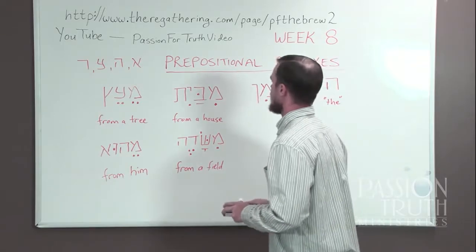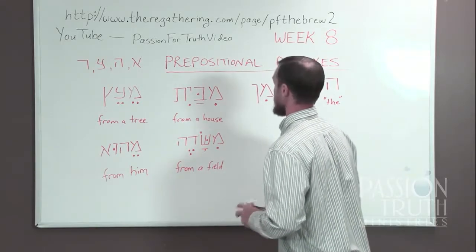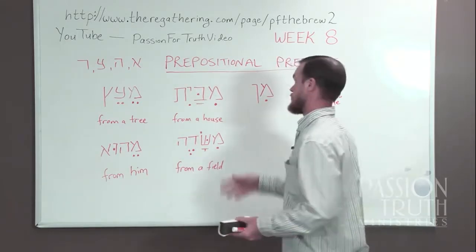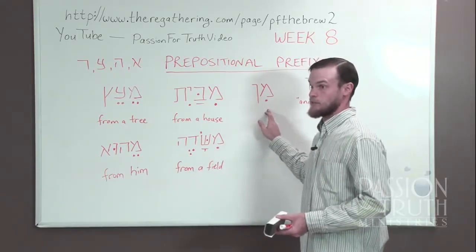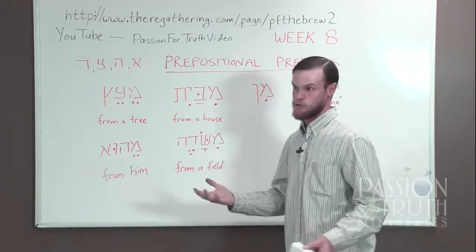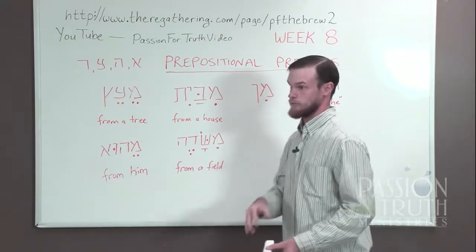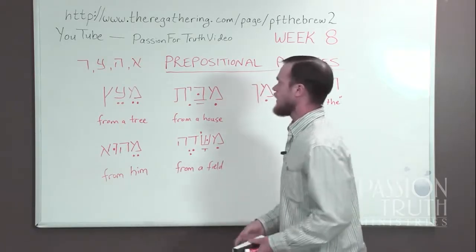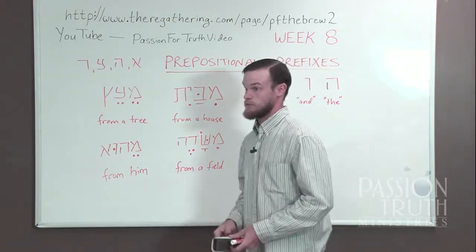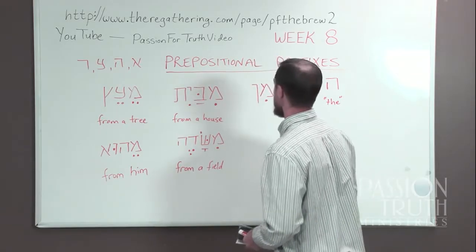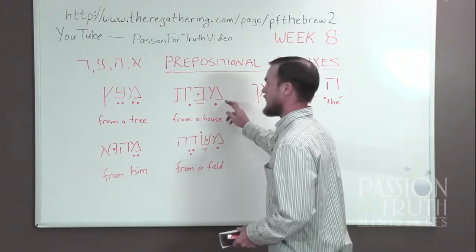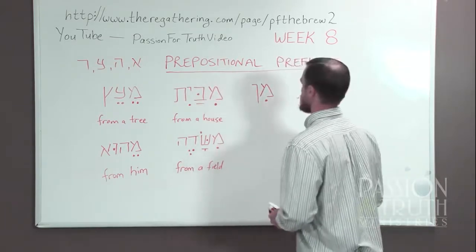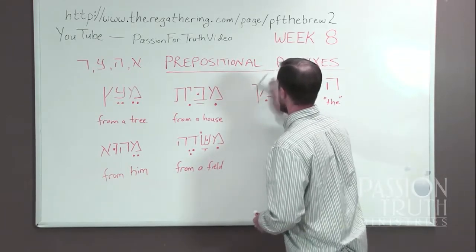One option, of course, is when you do have a separate preposition that means the exact same thing, you could just separate out all the prepositions and state each one individually, or have a separate preposition followed by a prefix. But you can, in fact, combine the prefixes. So in the case of the mem, it's pretty straightforward how that's done.